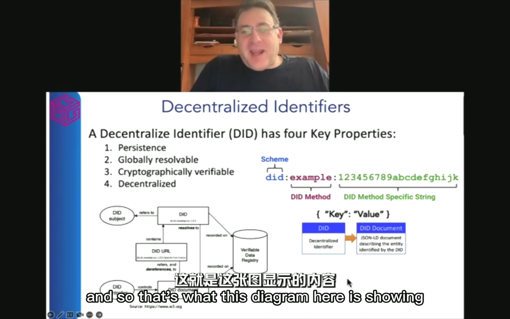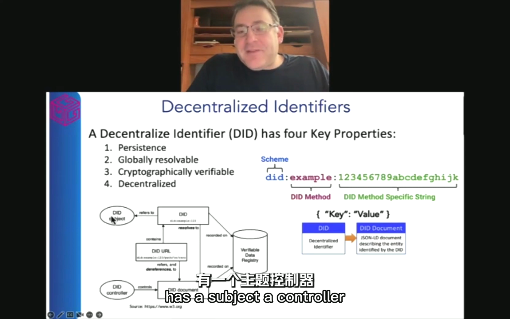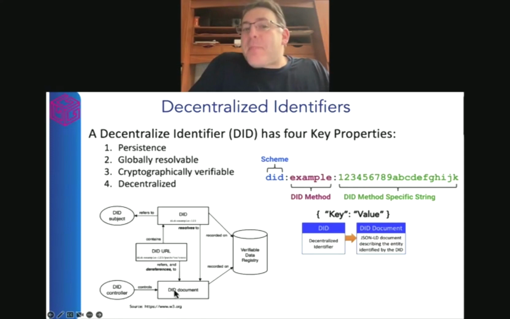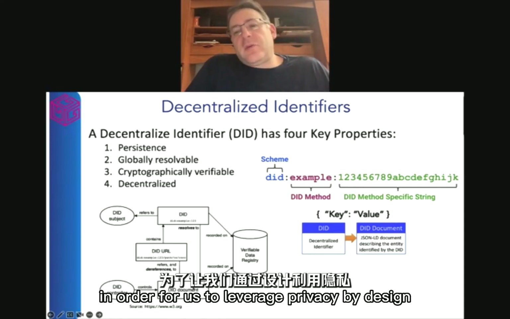And so that's what this diagram here is showing. It's showing that a DID, a decentralized identifier, has a subject, a controller. There's a DID document, which is the mechanism that we use here in the GODE ecosystem in order for us to leverage privacy by design.